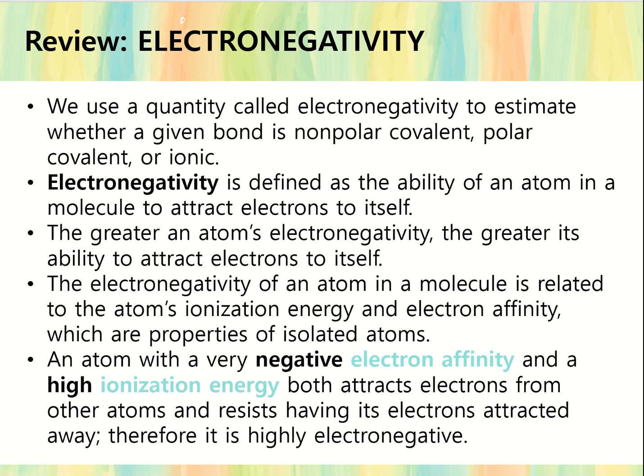The electronegativity of an atom in a molecule is related to the atom's ionization energy and electron affinity. Check previous lectures if you are unfamiliar with these two terms, which are properties of isolated atoms. An atom with a very negative electron affinity and a high ionization energy both attracts electrons from the other atoms and resists having its electrons attracted away.